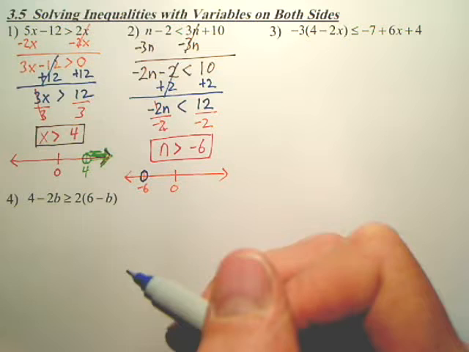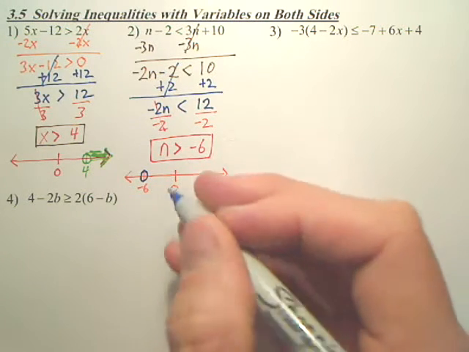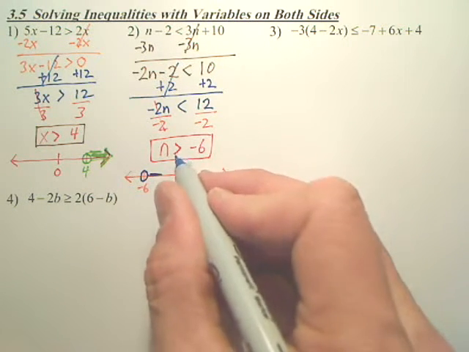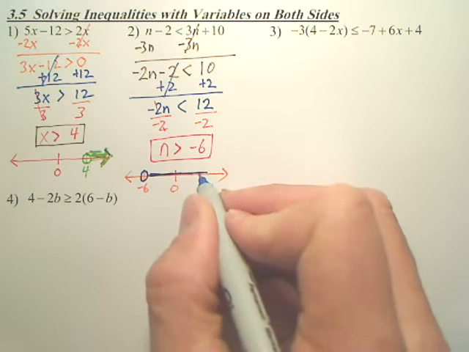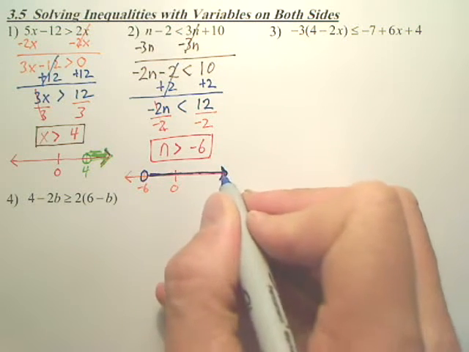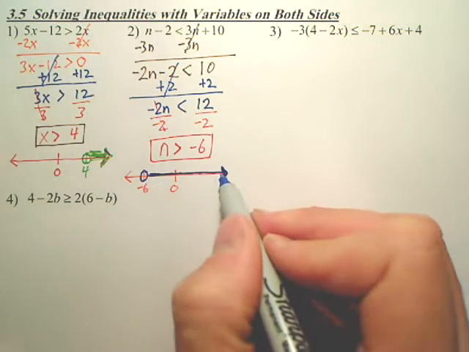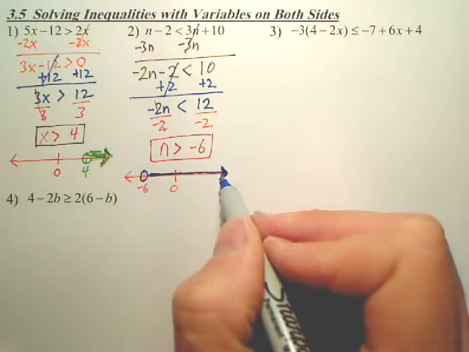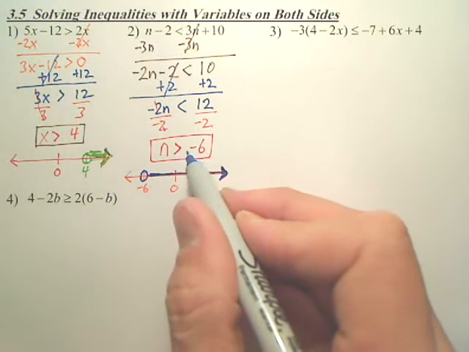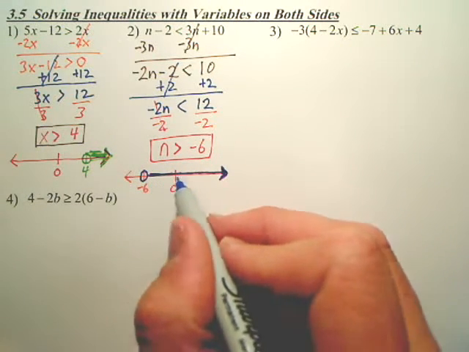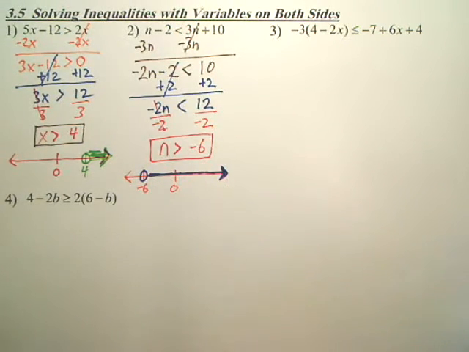And which side of that dot is greater? The right side. Don't you just follow the arrow? It's so cool. Those arrows point to where you need to go. There's your answer. All values greater than negative 6 are right there. For instance, 0 is greater than negative 6. Anything on the right side of that dot is greater than negative 6.